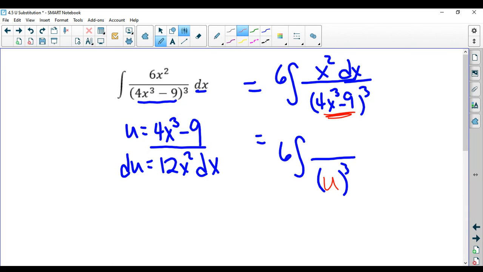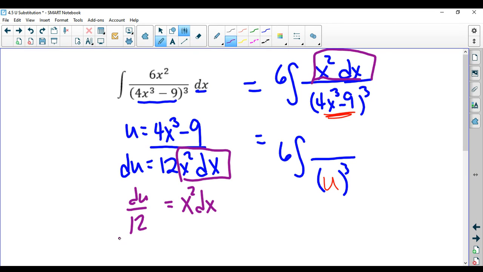Now, the thing I don't have yet is the x squared dx up top, but x squared dx is part of my du. X squared dx does equal du over 12. So instead of writing this x squared dx, I'm going to write it as du over 12.